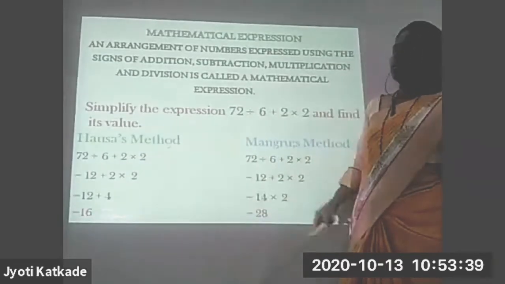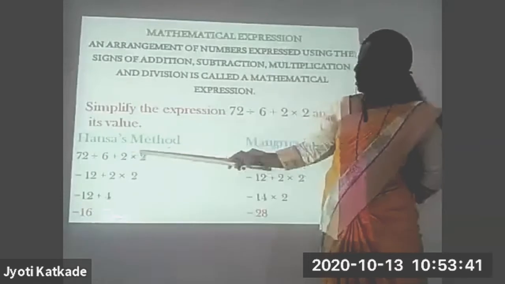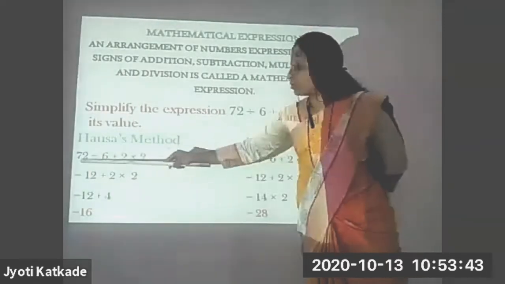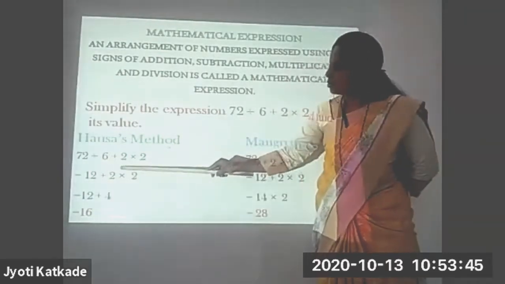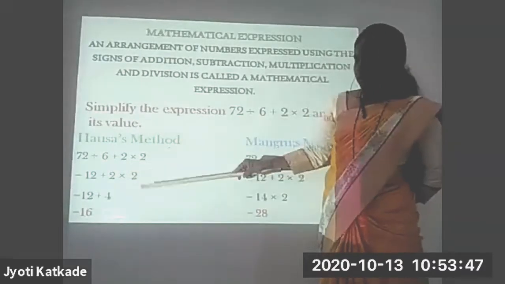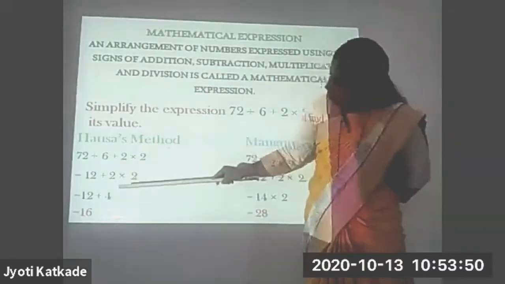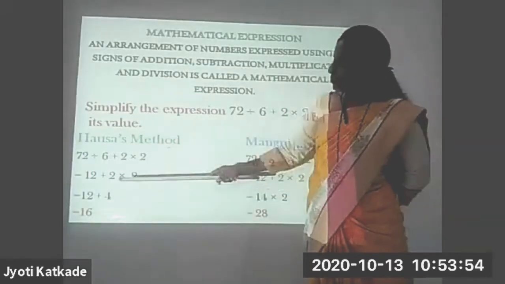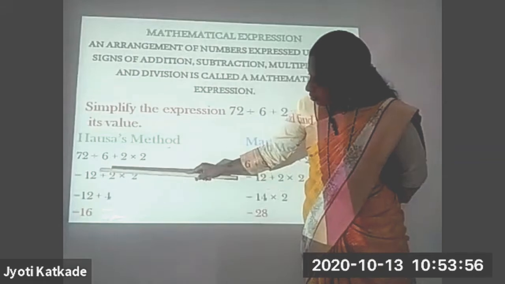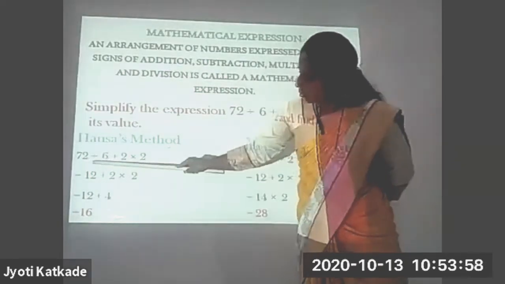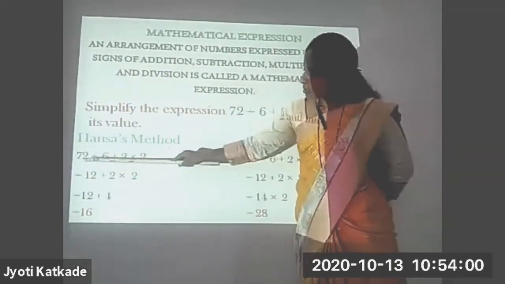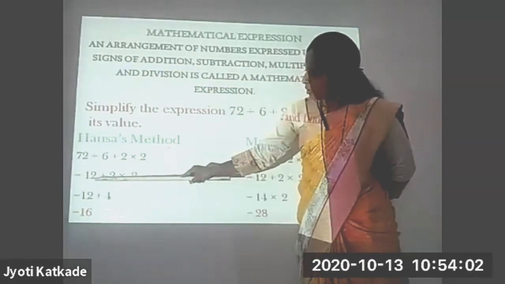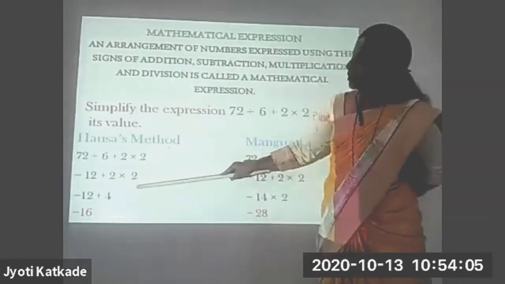There are two students. The first student solves 72 divided by 6 plus 2 into 2. Okay. This is the first student's method, which is given in your textbook. Okay. So, see, do first division. 6 12s are 72 plus 2 into 2.